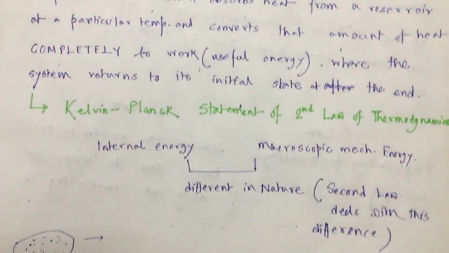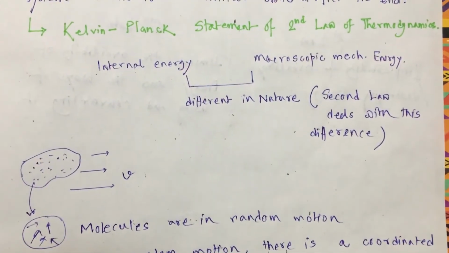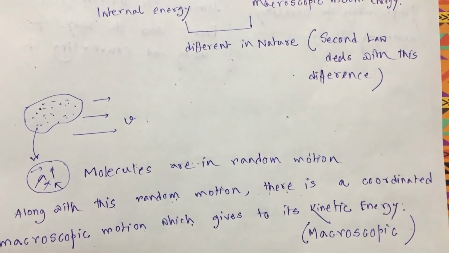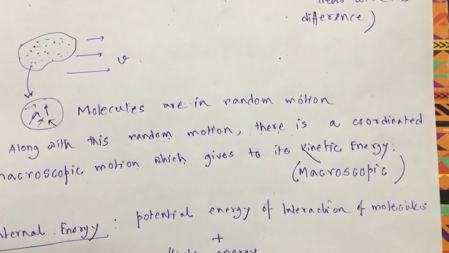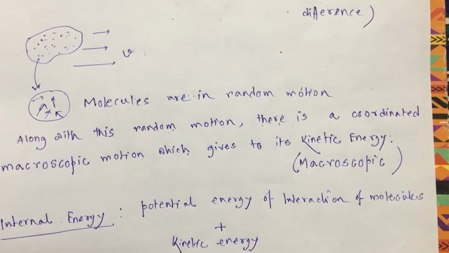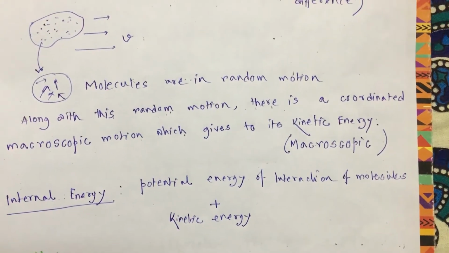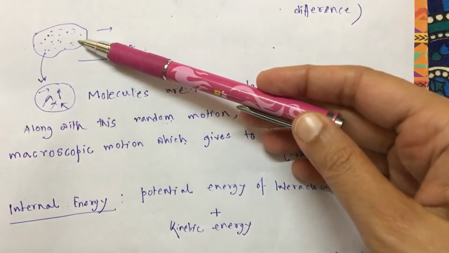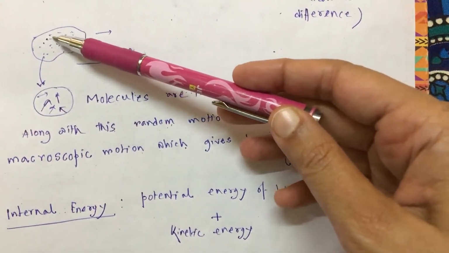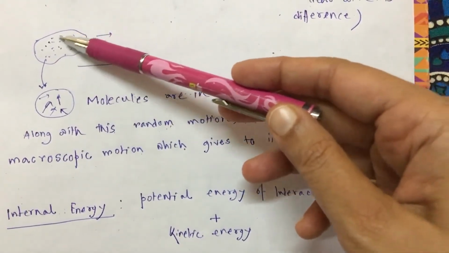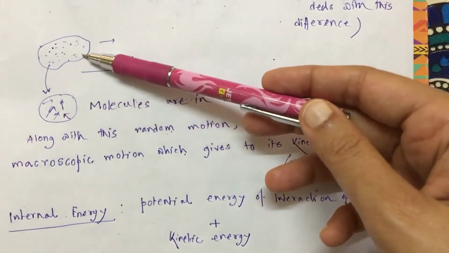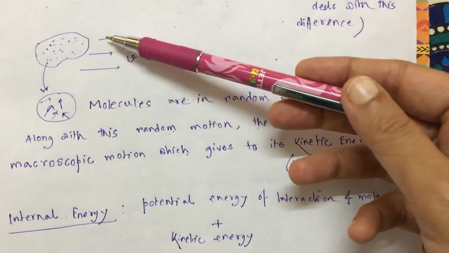Now the basis of the second law of thermodynamics is the difference between the nature of internal energy and that of macroscopic mechanical energy. Inside a moving body, molecules are moving randomly, they are interacting with each other, and as a result of their interaction, potential energy arises.